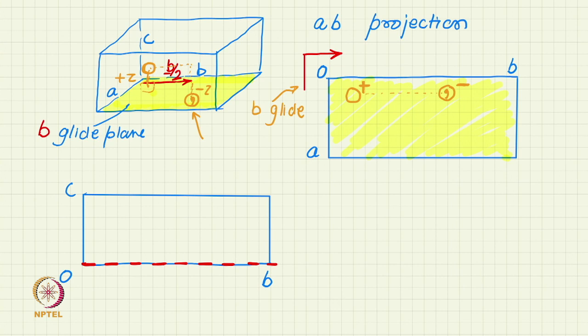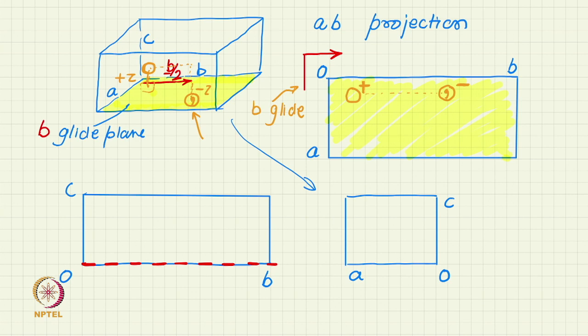And finally, let me show you the AC projection. Now this is the origin, this is A, this is C, relating it to my diagram there. So, this is the AC projection.